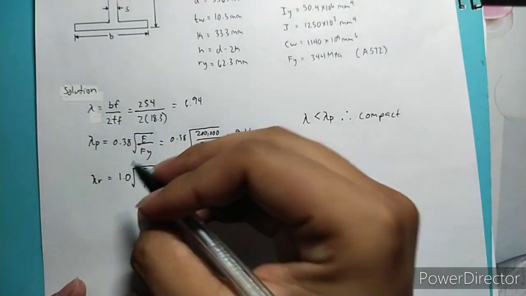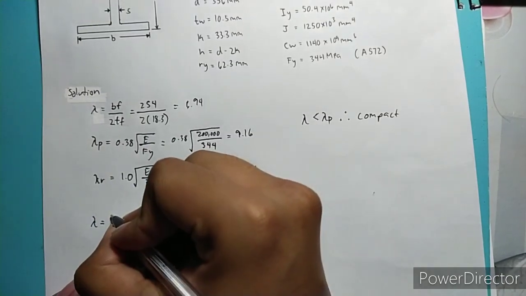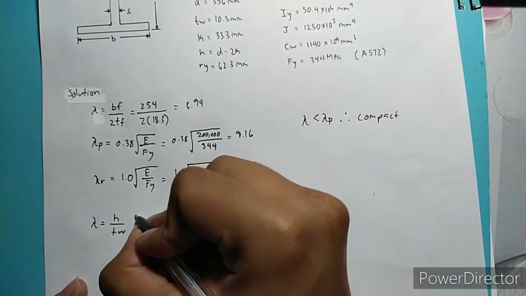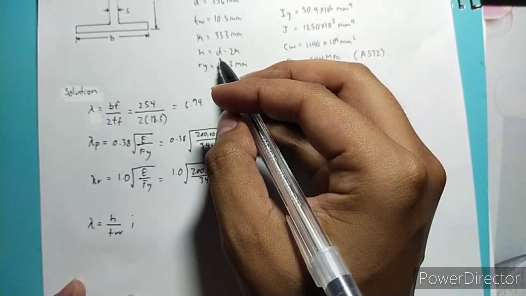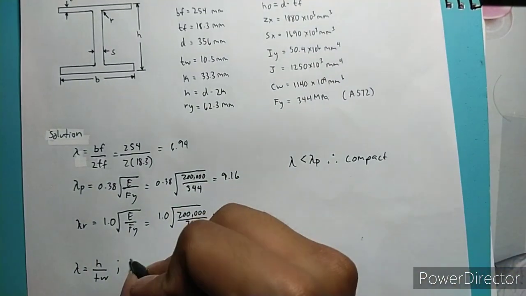For case 9, lambda is equal to H over TW. H is D minus 2K.